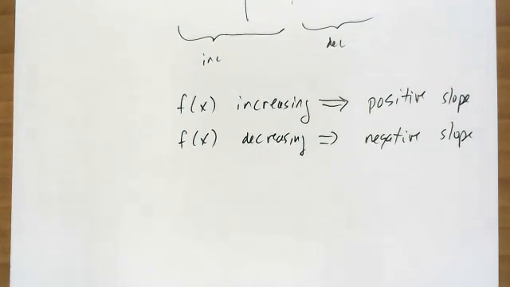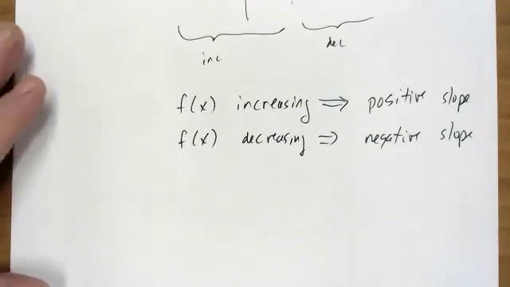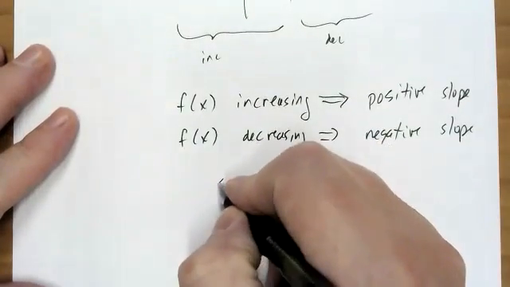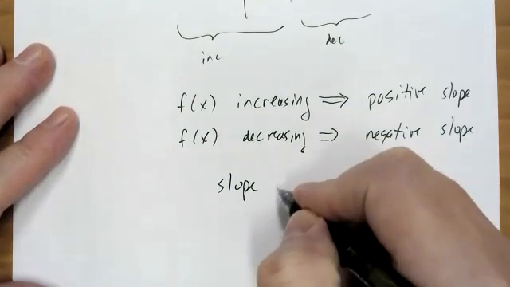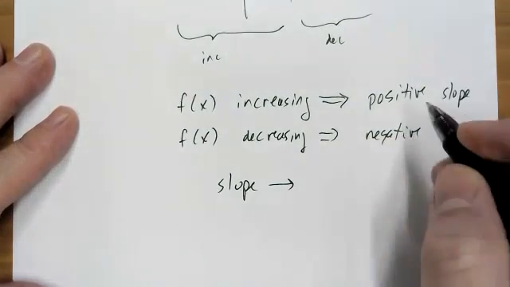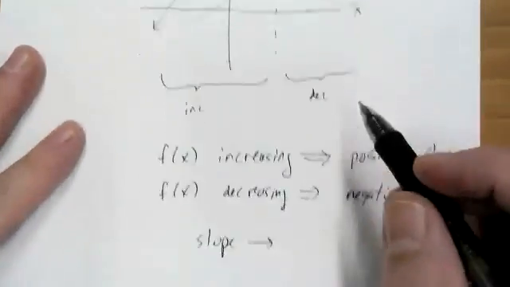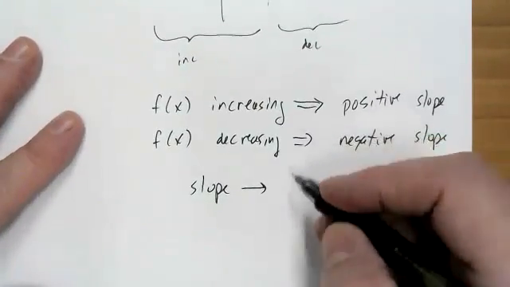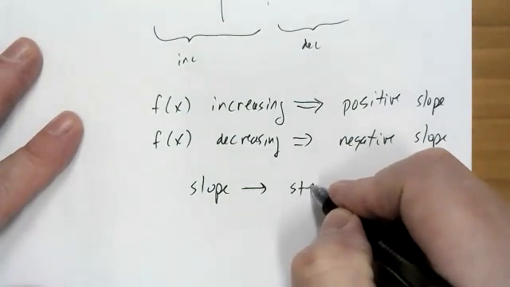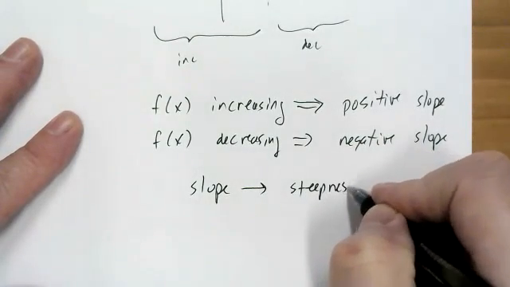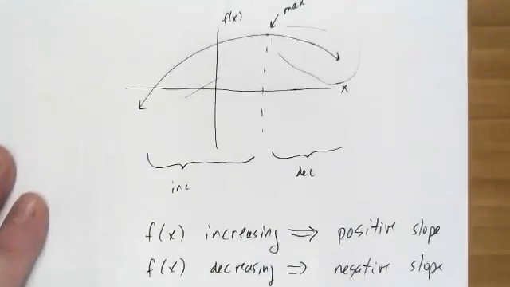We're not even going to take the time to review that now. Maybe do that later in the class. For now, I think the key is, when you look at a graph and ask about the slope, think of the slope as the steepness of the graph.